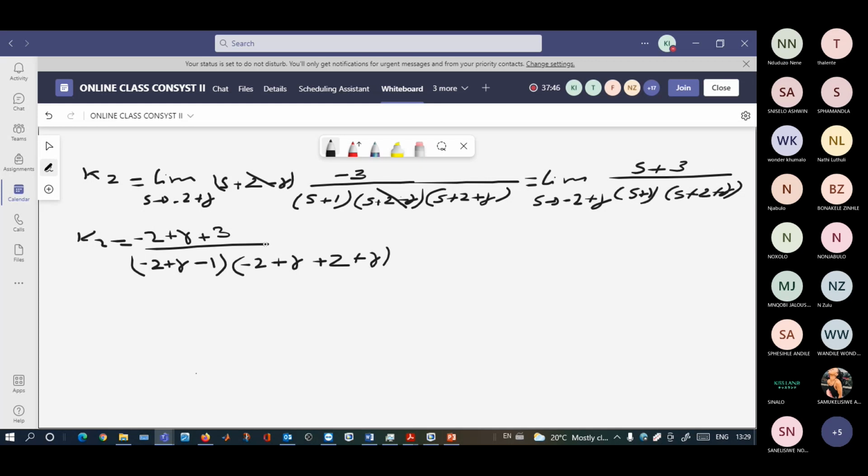So solving this one, we're going to have, let's say, minus 1 plus j. Then this one goes with this one, this is going to give us 2j. This one and this one are also going to give us, I think, minus 1.